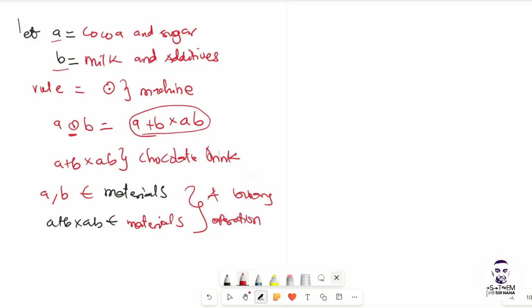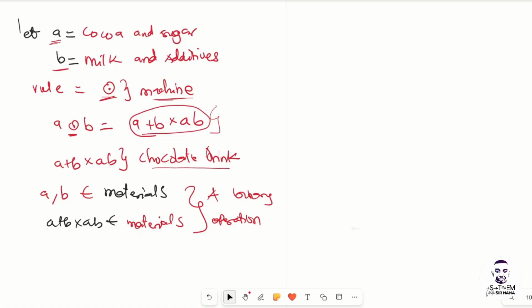So all that we are saying is that we are trying to put our picture into variables. So now A is representing our cocoa and sugar, our B represents our milk and our additives, and our machine is this operation symbol, and we put them together to produce A plus B multiplied by AB, which is the chocolate drink. And the chocolate drink also belongs to the set of materials. So this is binary operation.